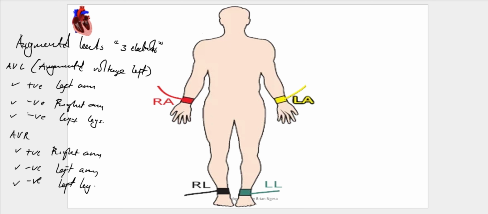So this will give you something like this: positive on the right arm, but negative on this other part, the foot. So joining all your electrodes and getting the middle ground between the negatives, you have something like this. In summation, you should have a positive and a negative.